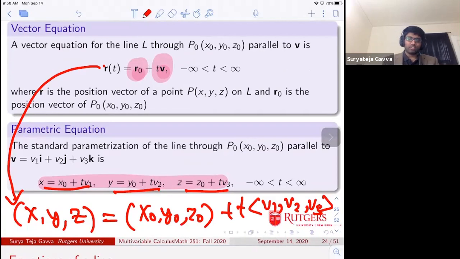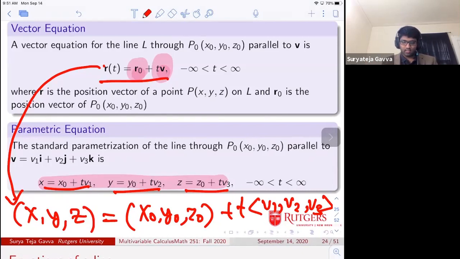Okay, so that's how you get equations of the line. If you have a point and a direction, you take the point plus t times the direction, which gives you the vector form of the points all together. But if you want the coordinatewise form, you rewrite the equation explicitly in coordinates.